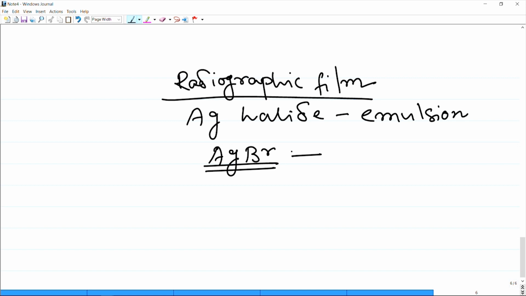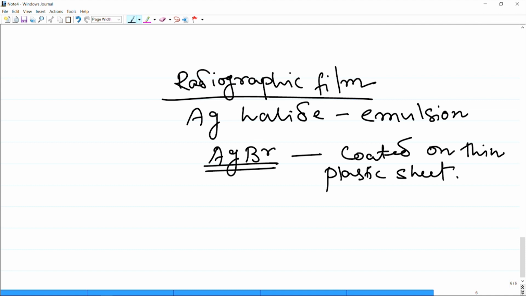This emulsion is coated on a thin plastic sheet, and that is what you see this film as, a thin plastic sheet, which most of the time appears dark to us, because by the time we see it, it is already darkened.